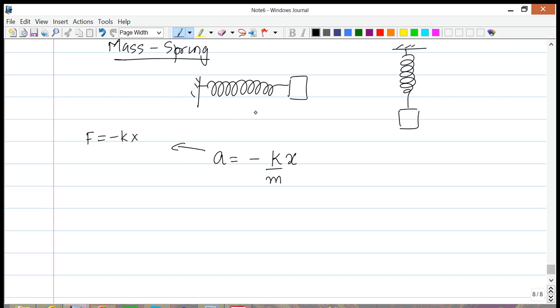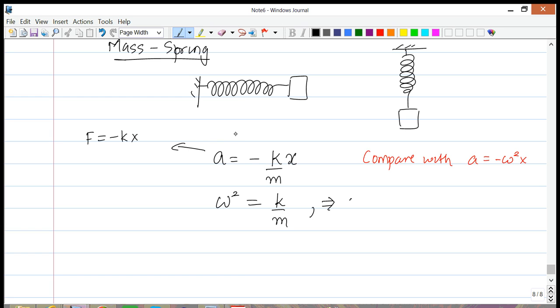Now if you look at this equation, compare with a equals negative omega square x, what do you see? The omega square is equal to k over m. So what you already know directly by comparison, you know that omega square is k over m.